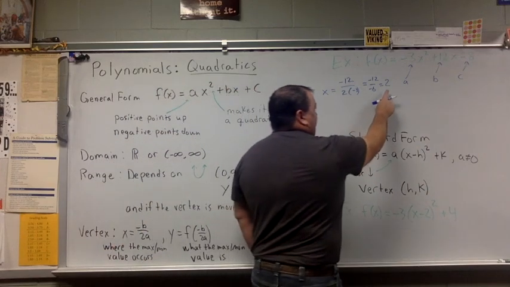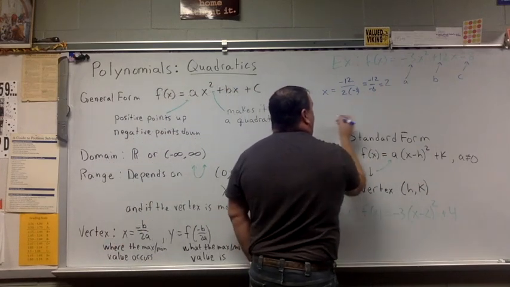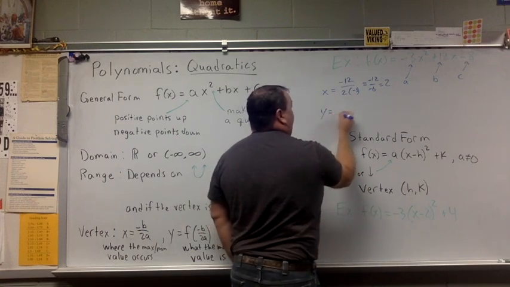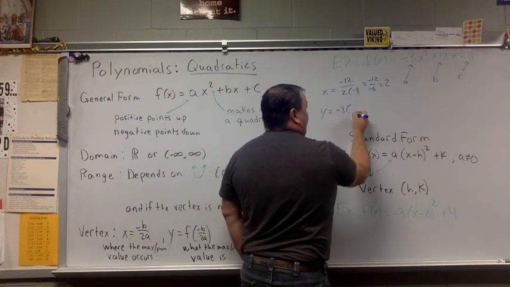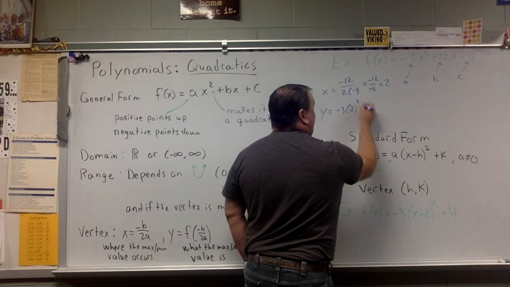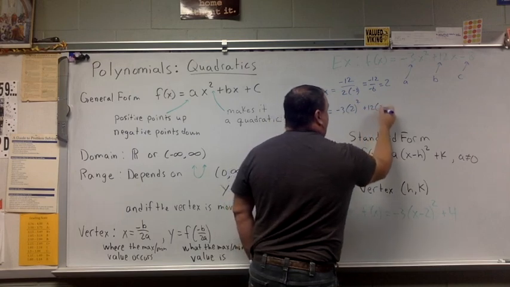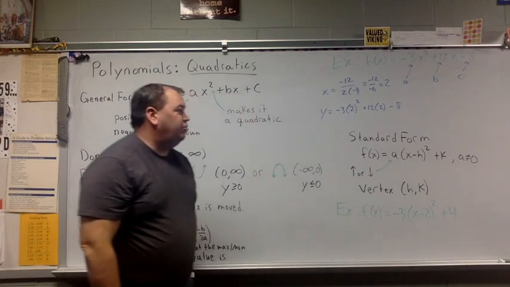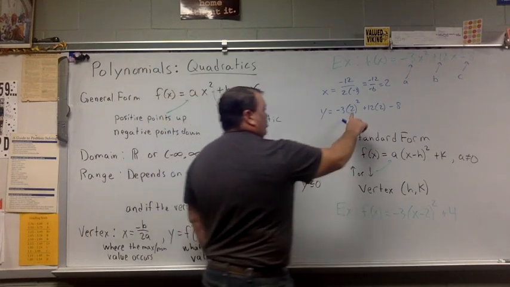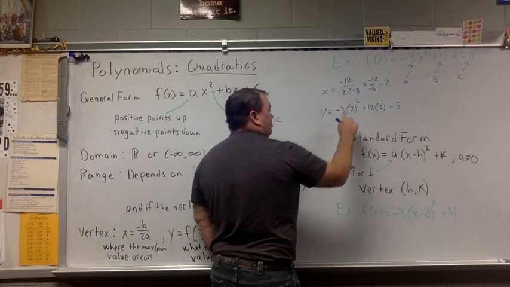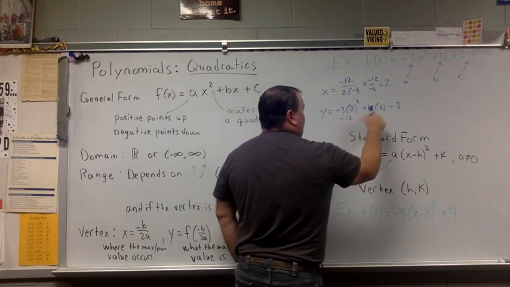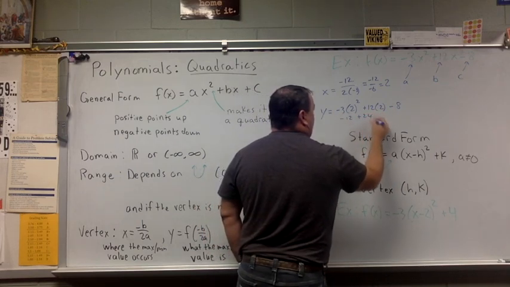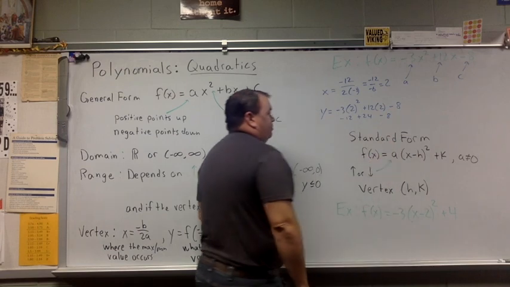Now I'm going to take my x-coordinate and plug it back into the function to get my y. So I'm going to go negative 3x squared, plus 12 times x, minus 8. So I have some arithmetic to do. 2 squared is 4, 4 times negative 3, 12 times 2, and then minus an 8.